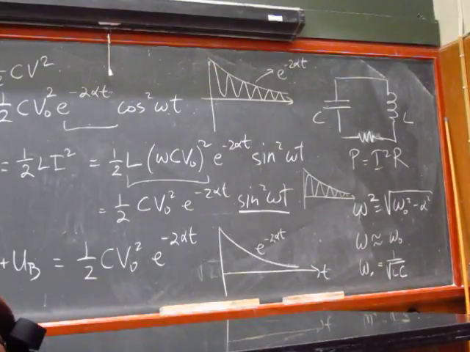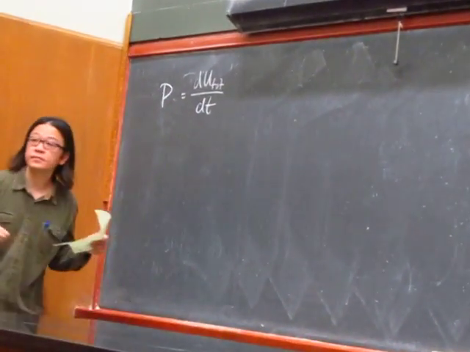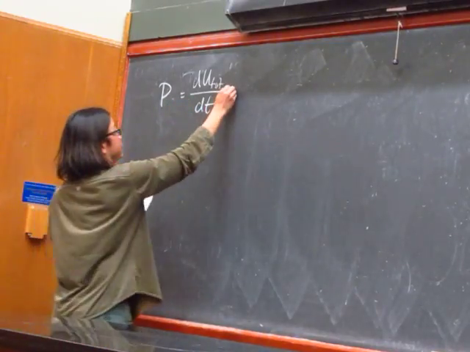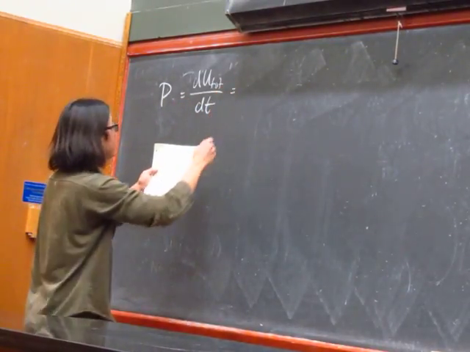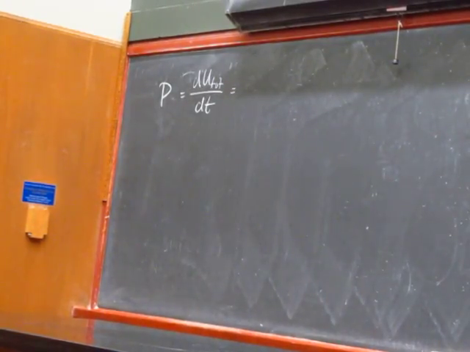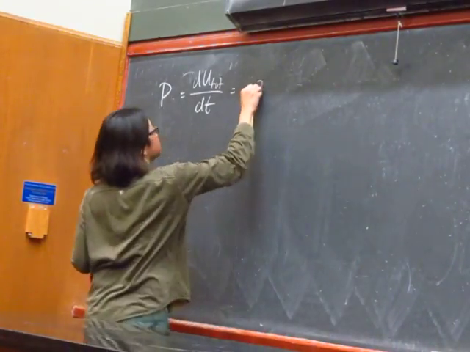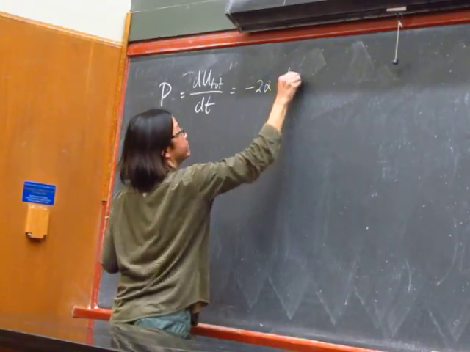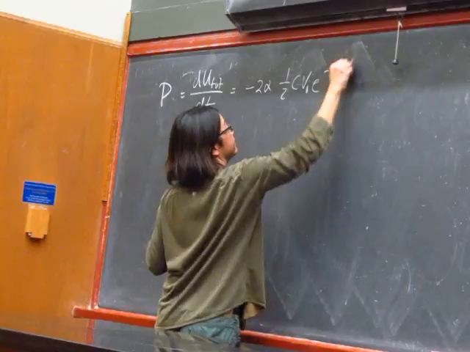So let's calculate the power dissipation. Let's calculate U total. Power is the change of energy. When we do that, if you differentiate U, with e to the minus 2 alpha t, you get minus 2 alpha times one half C v naught squared e to the minus 2 alpha t.